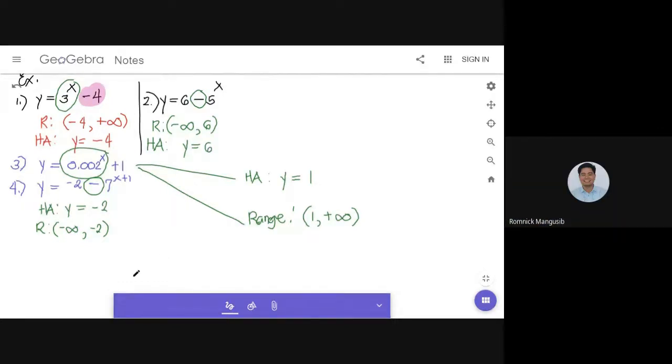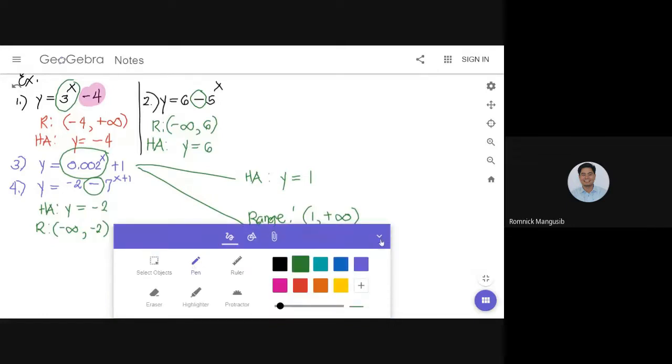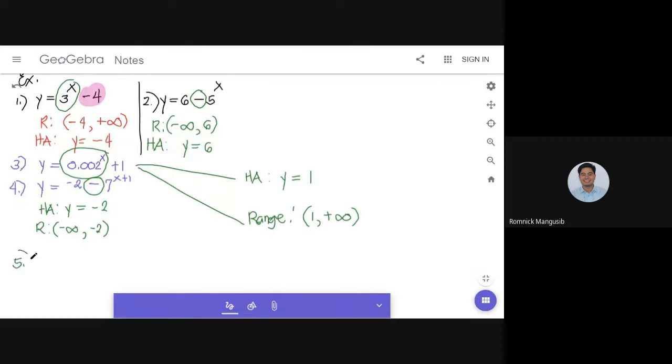And another example before we move, number 5. Let's say y is equal to negative 0.003 raised to x minus 0.01.